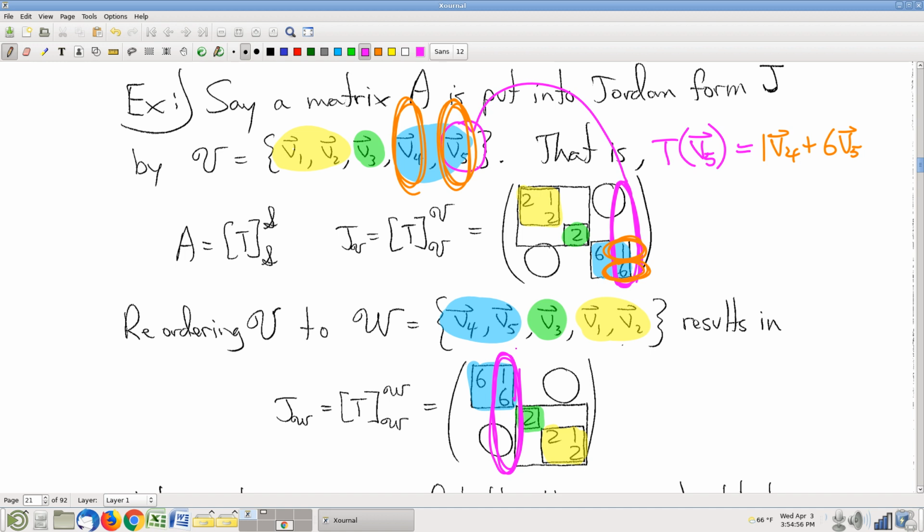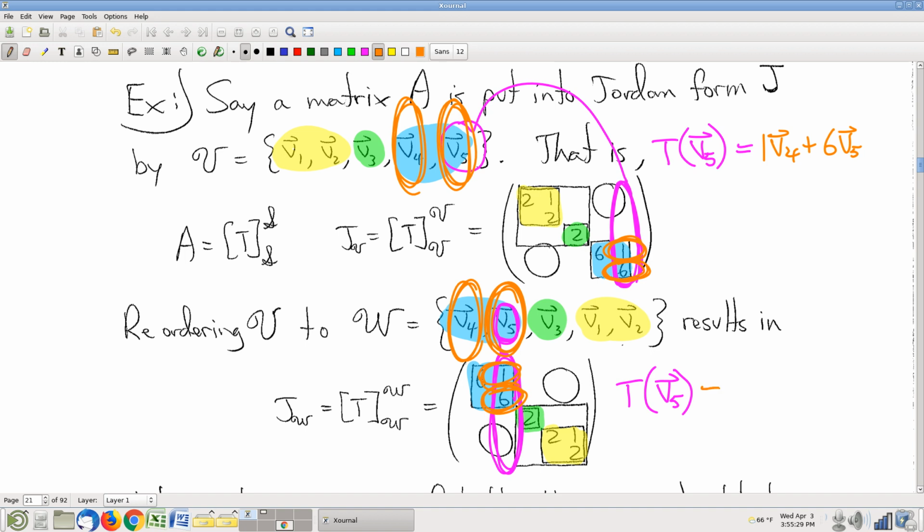This, being the second column, is telling us about the image of the second W basis vector, which is again V5. This is telling us T of V5. These numbers, 1 and 6, being the first two numbers in that column, everything else being 0, are the coefficients of the first two vectors in the output basis.